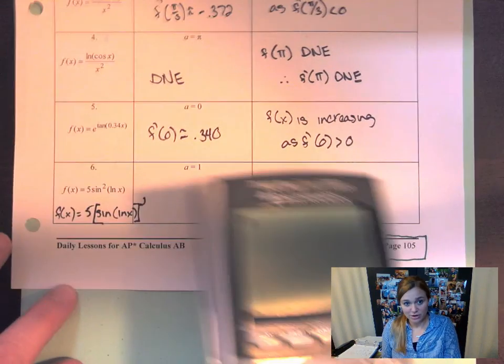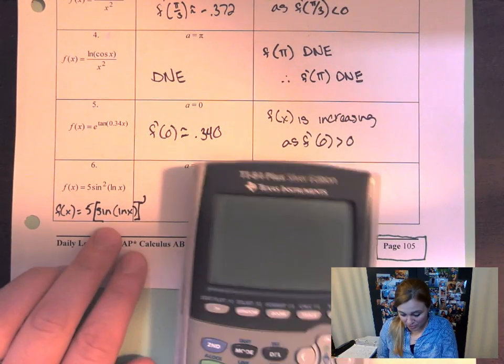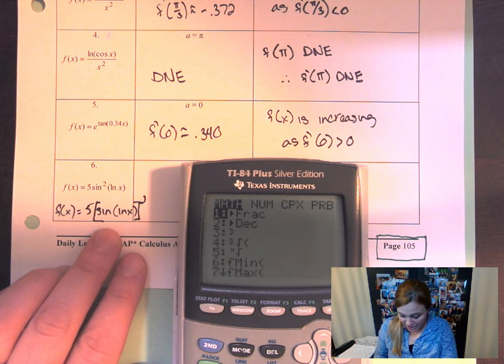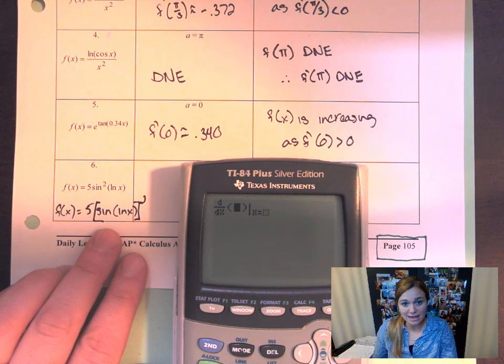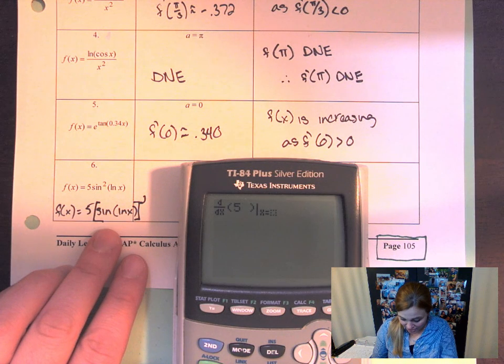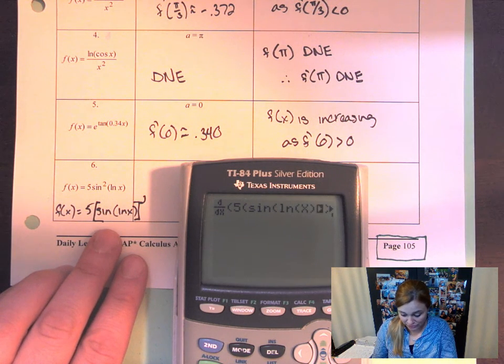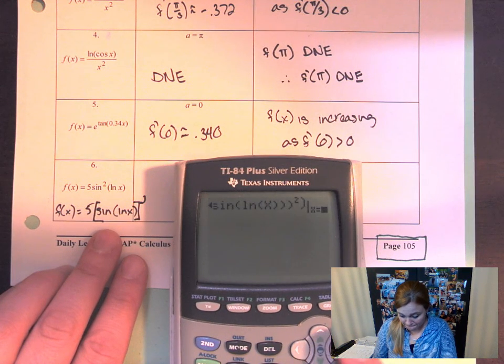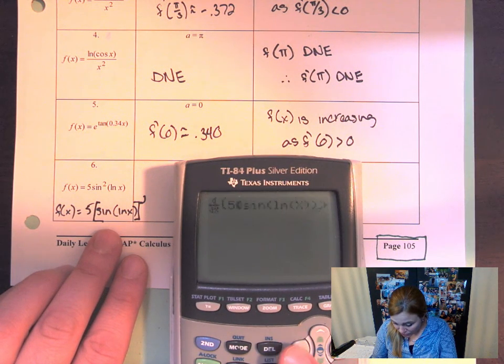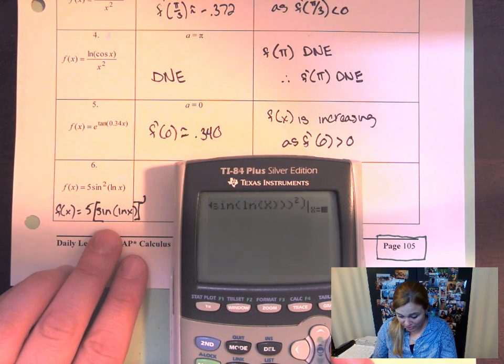The way that I'm going to put this in my calculator is math 8, the derivative with respect to x, and then I'm going to put in 5, open a parenthesis, sine ln of x. So I have to close my parenthesis for the ln, close it for sine, and then I have to take the whole thing and put a little caret squared. I want to make sure I've got this right. Looks good to me. I'm not squaring the 5, I'm squaring all the other things.